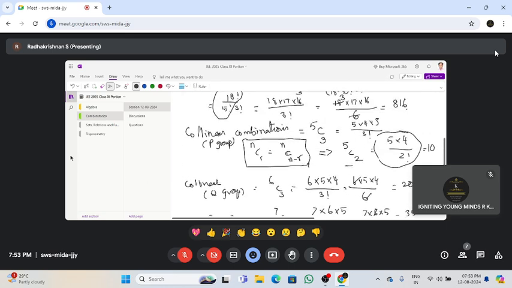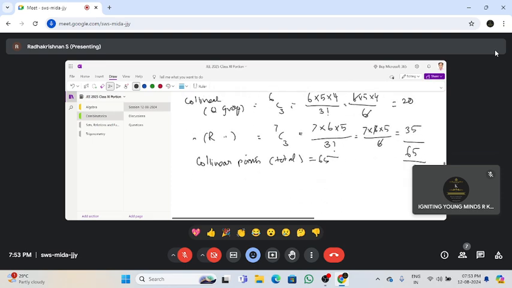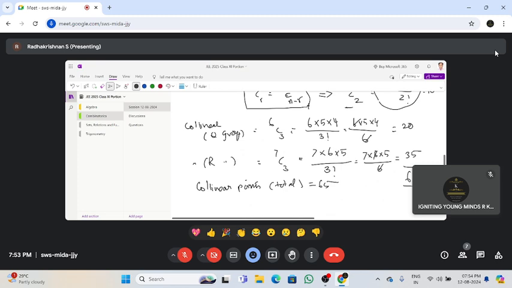So of all the combinations that we calculated, 816, 65 combinations are going to be collinear, so they will not form a triangle. The rest of the combinations will all form triangles.